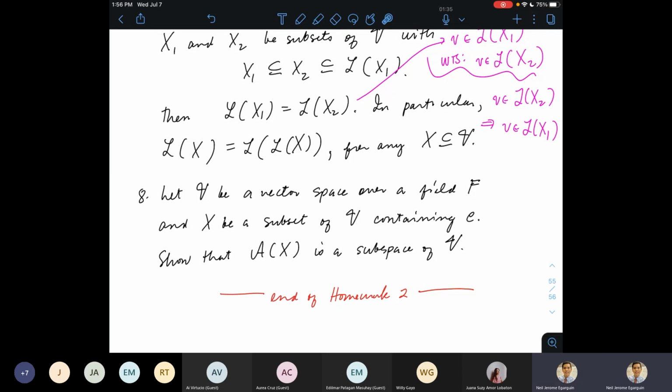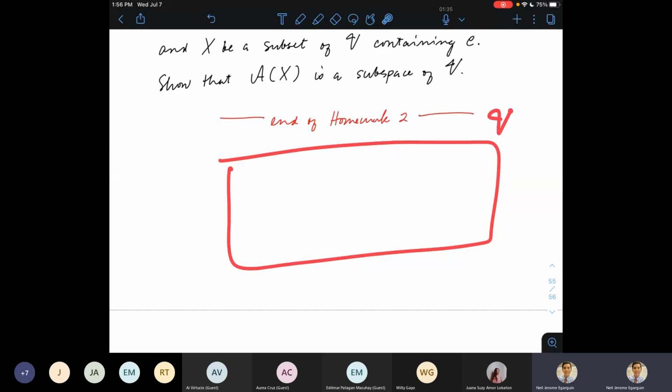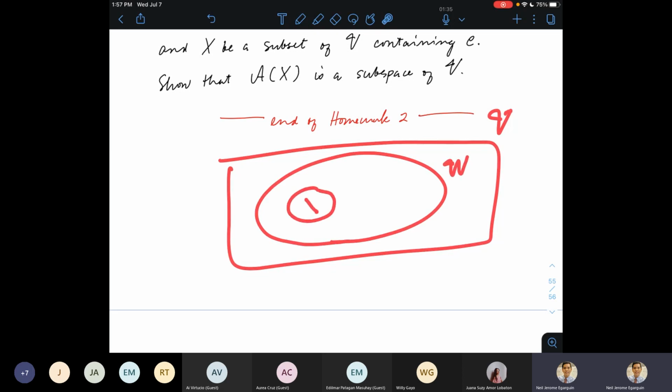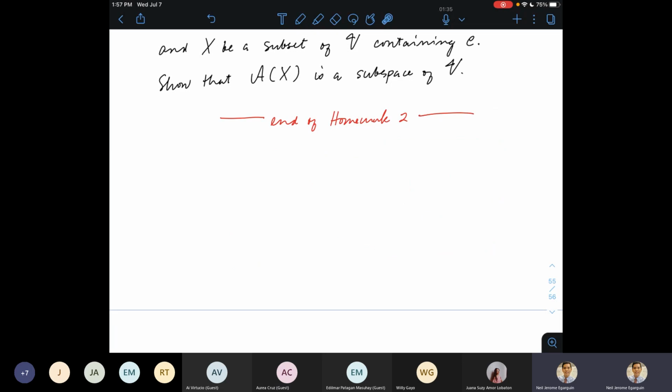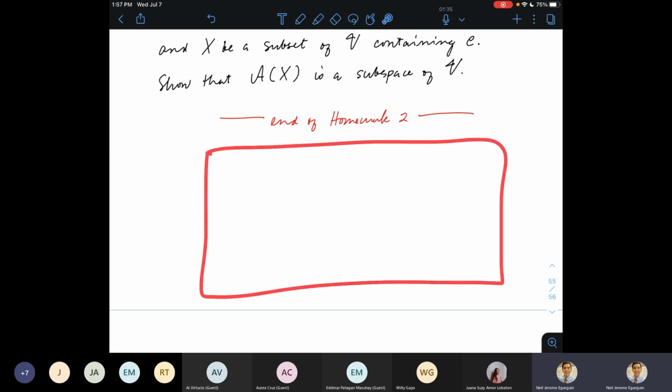When you have a vector space V, statement 2, what theorem is that? Theorem 5, was it? You have a vector space V, you have a subspace W. If W contains X, it must also contain curly L of X. That's the package deal between X and curly L of X. If a subspace contains X, it must also contain curly L of X. Alright. Now, we know that I have the vector space V.